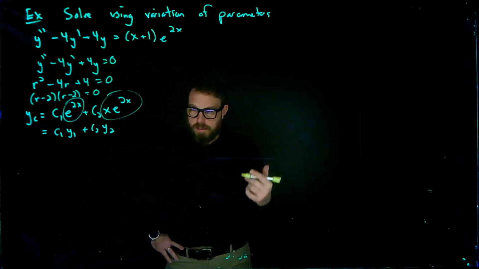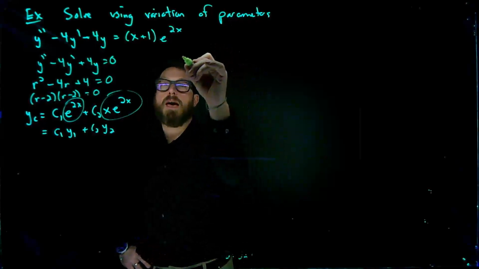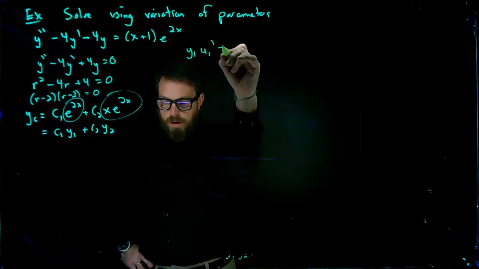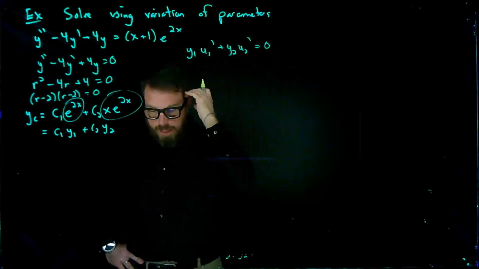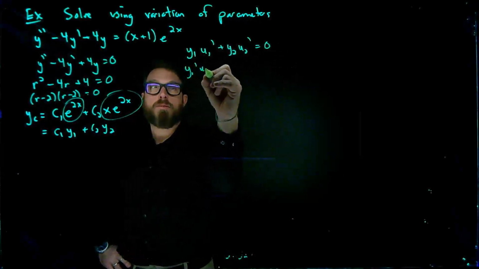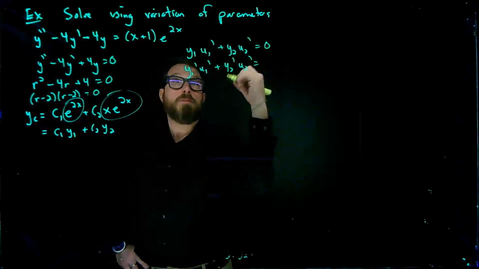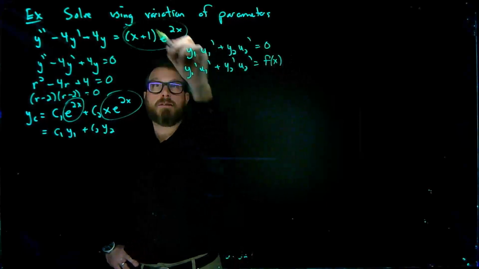Now when I set up this variation of parameters, we know that we have y1 u1 prime plus y2 u2 prime is equal to 0. And then very similarly, y1 prime u1 prime plus y2 prime u2 prime is equal to f of x, f of x being this thing.